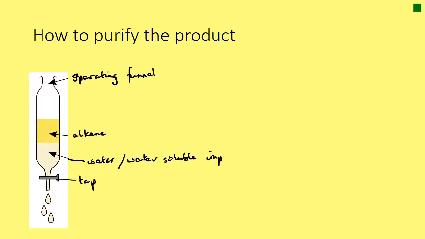Our water is produced in the elimination reaction, of course, and we won't have reacted all of our alcohol. And alcohols are soluble in water, so they would mostly be in that lower liquid. So what you can do is open the tap and your water and water soluble impurities would run out first, and you can collect those.